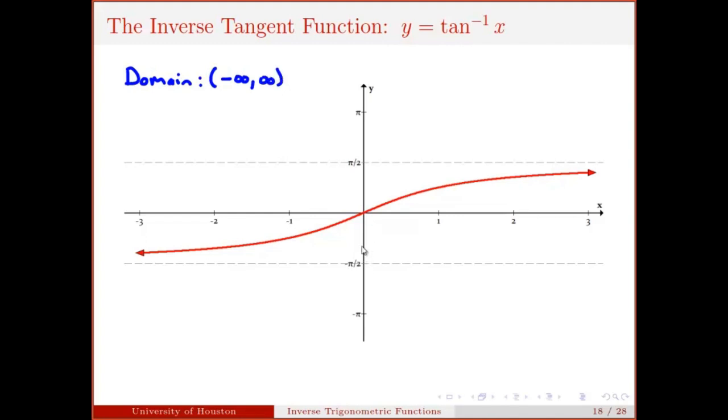On the other hand, the range of the inverse tangent function corresponds to the restricted domain of the tangent function, which was the open interval -pi over 2 to pi over 2. That is, the range of inverse tangent corresponds to quadrants 1 and 4.